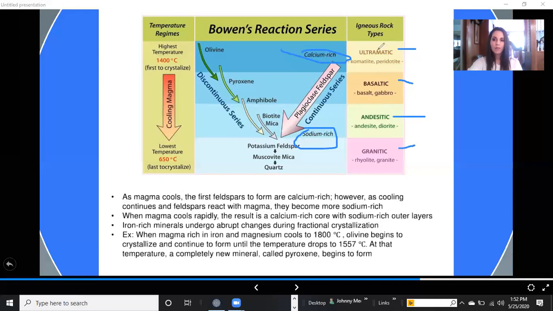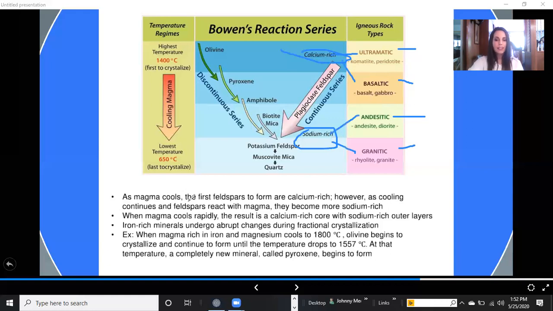These types of igneous rock are seen as you go down beneath the surface, and these up here are going to be more calcium rich, while these here are going to be more sodium rich.